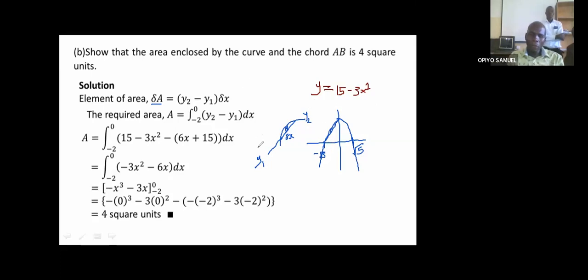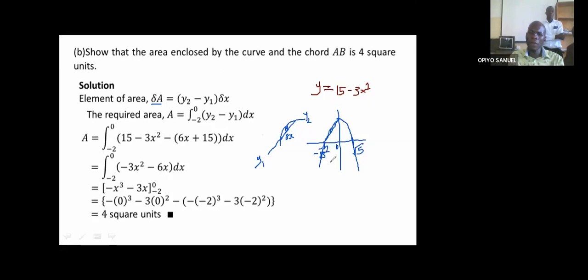And now, if we are to find the area of this, the total area will be a summation, because we need to have divided this into equal strips, and that strip will be delta x each from this point up to that point. And remember, here is -2.